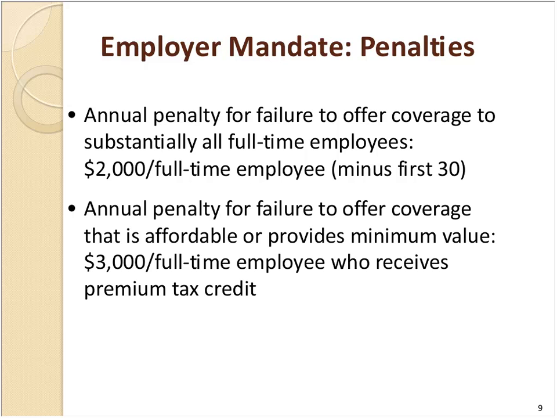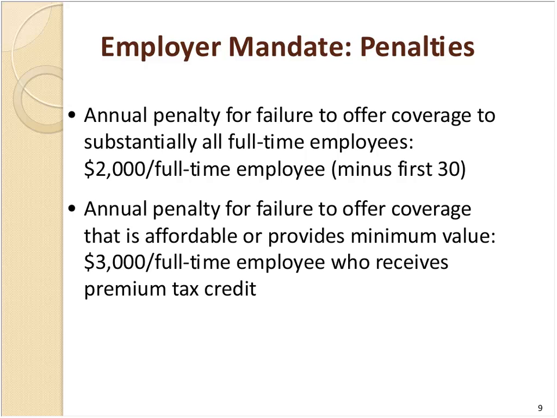If you've offered 95% or more of your full-time employees coverage, then you won't have to pay the A penalty, but you'll still have to pay the B penalty on those individuals. And that penalty will be $3,000 times the number of individuals who receive the premium tax credit through the exchange.